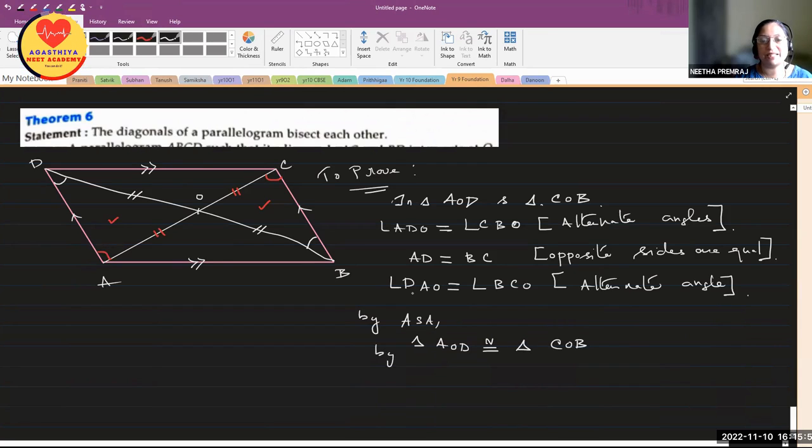So by CPCT நம்ம என்ன சொல்லலாம்? OD is equal to OB and OA is equal to OC. Hence proved. Okay? Make a note of it.